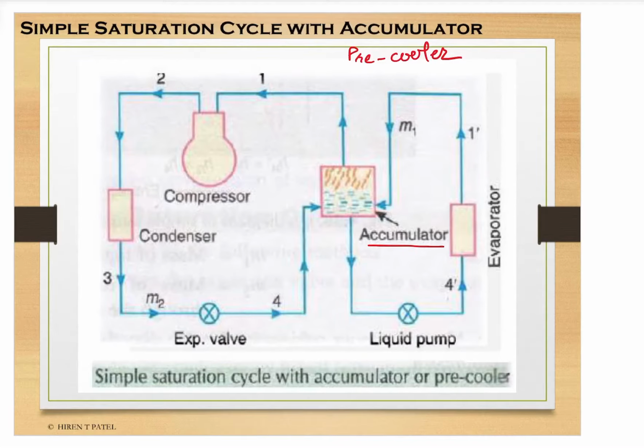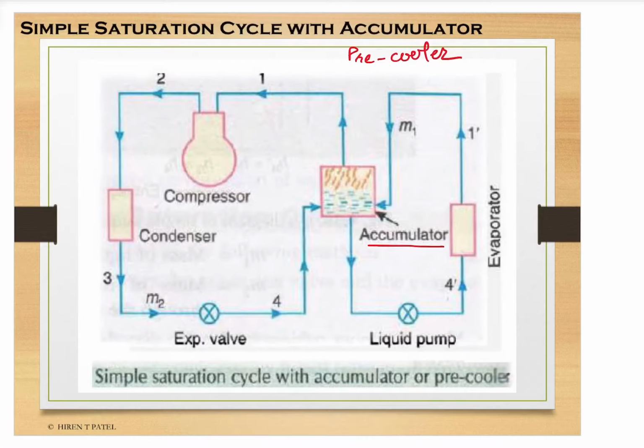So sometimes the liquid refrigerant passing through the evaporator is not completely evaporated, as we have already discussed in the previous video that in the actual cycle, whatever refrigerant is leaving the evaporator, some amount is in liquid state.